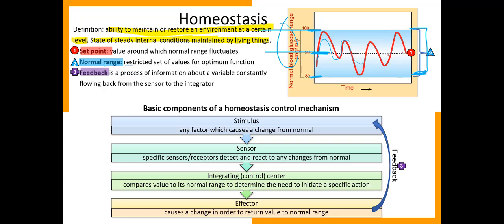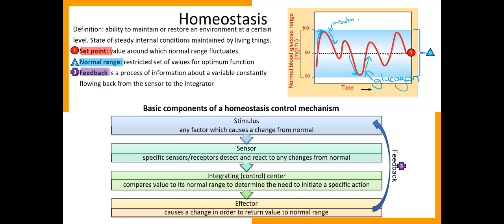What happens here is if your blood glucose levels increase, then a hormone, insulin, is released to bring blood glucose levels back to normal. If it drops too much, then another hormone called glucagon is released to try to bring glucose levels back up to the set point.